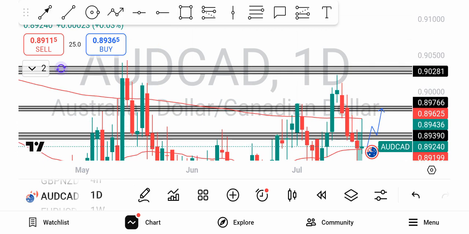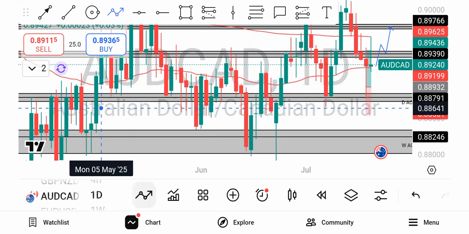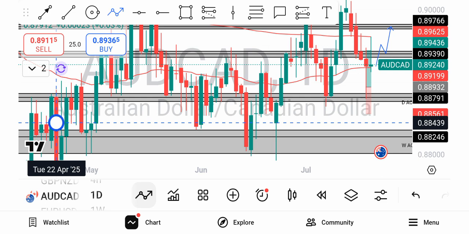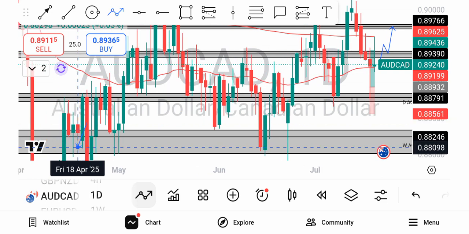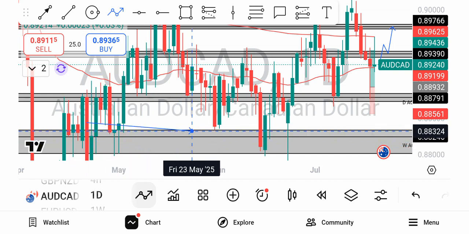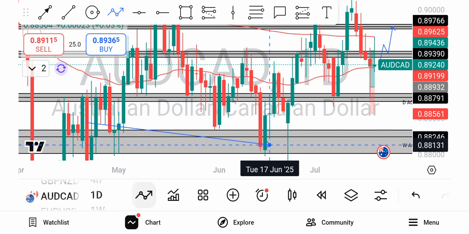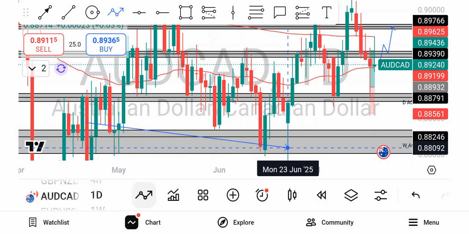As you can see, price down here, price has been to this area a lot of times. 1, 2, sorry, 3, we're counting that also, 4, 5 times. So this is a legit area of interest.